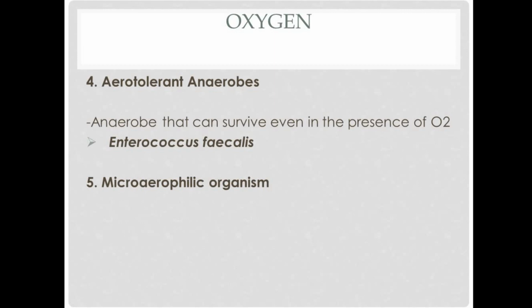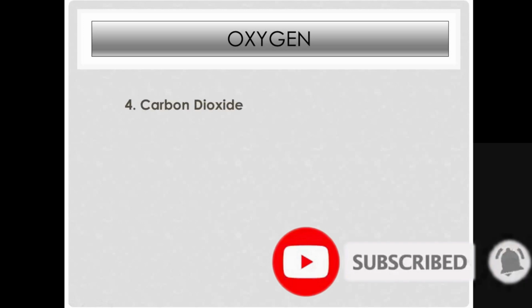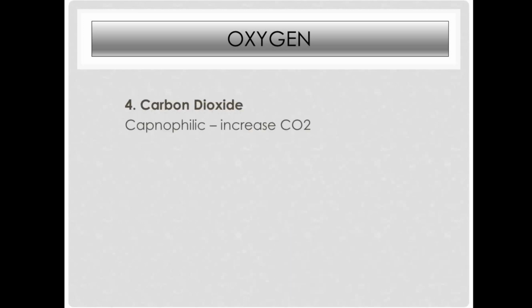Next, we have a microaerophilic organism. So it requires 2 to 8% oxygen. So it requires a very small amount of oxygen. An example is your Campylobacter. Then there are the capnophilic organisms: they need an increased, a very high amount of carbon dioxide.